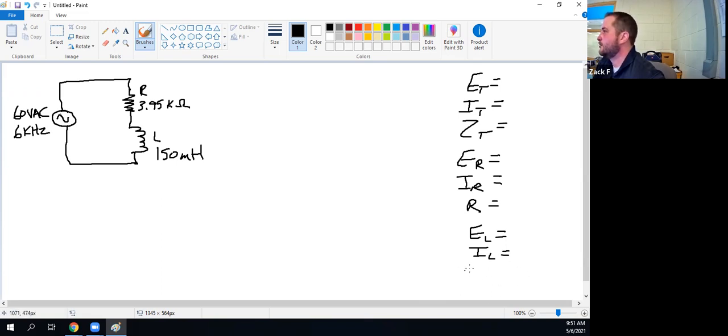Not resistance. What is this? Inductive reactance.